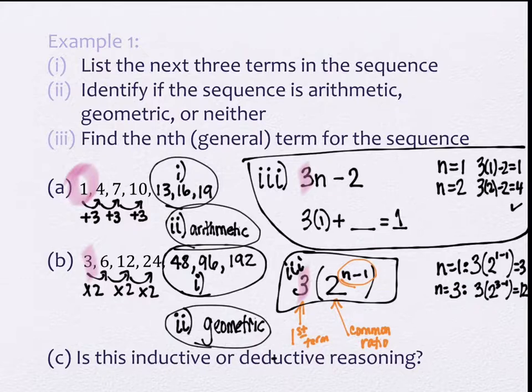It's inductive. Inductive means I take patterns and make a conjecture, an educated guess as to what comes next. That's what we did, even in the very first part 1. I guessed what the next 3 terms were. It was a good guess, not a random guess, but it was speculation a little bit on our part that the pattern would continue this way and these would be the next terms. That's inductive reasoning.